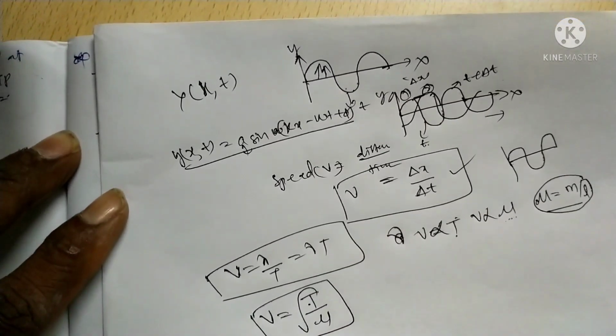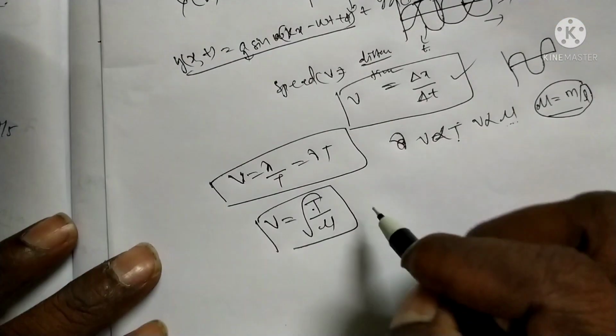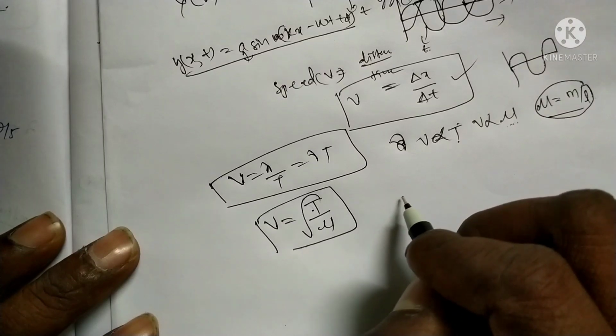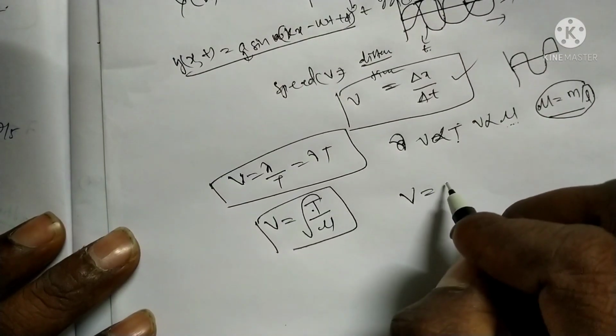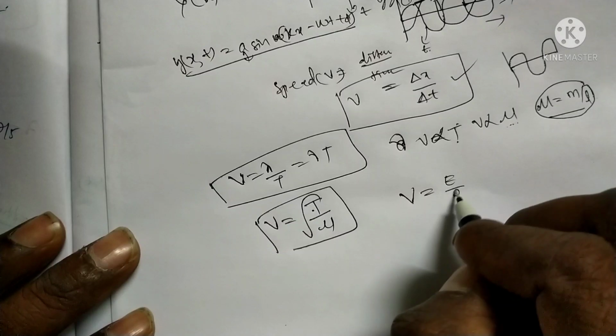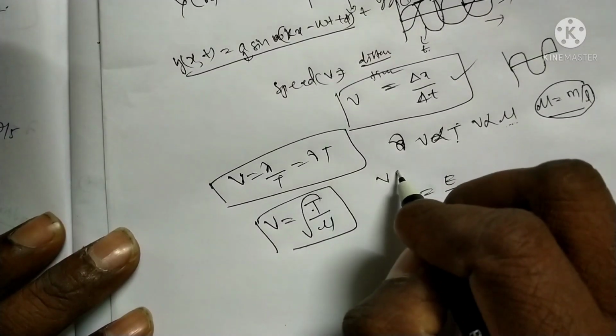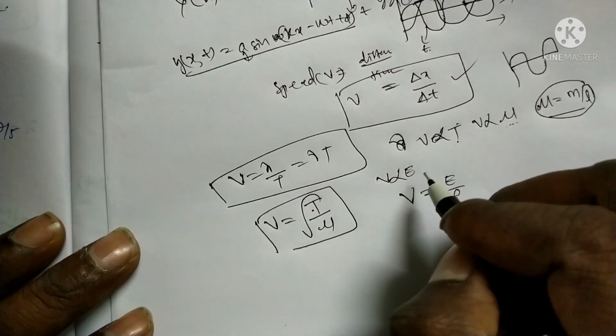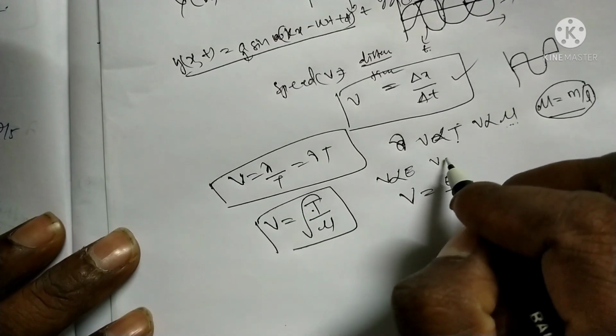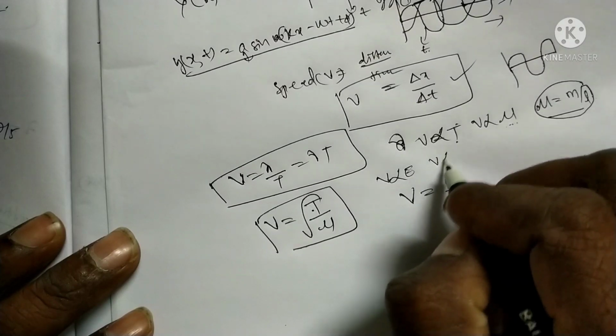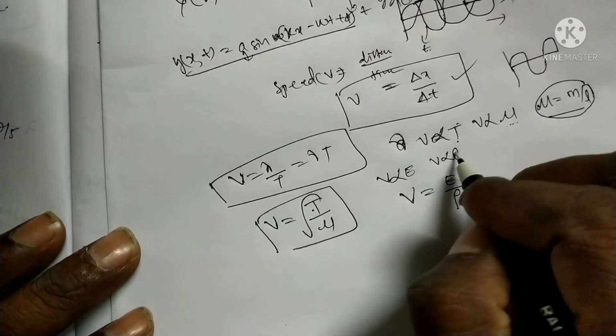And also we can find the speed in the case of a longitudinal wave, that is V is equal to square root of E by rho. That means the speed in the longitudinal case is proportional to the elastic modulus, and it also depends upon the density of the material.